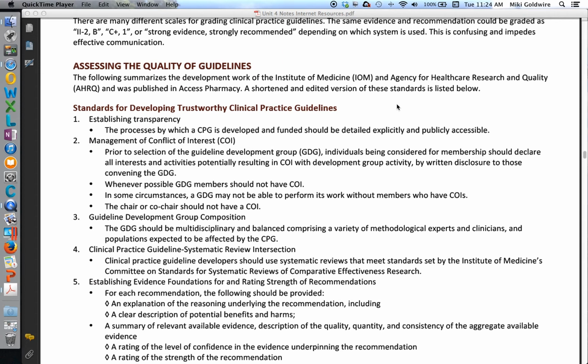In other words, those persons coming together to develop guidelines need to let the guideline group know whether or not they have been paid by any of the medications that are prominent within that guideline, or whether they receive any outside funding for speaking or any type of other engagements. Whenever possible, this guideline group should not have members that have a conflict of interest.